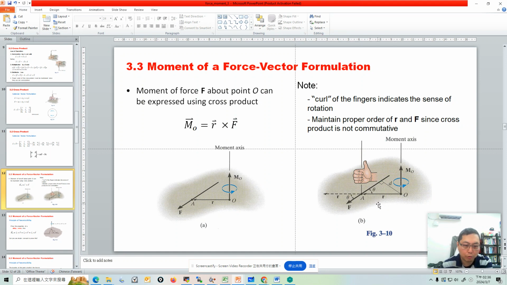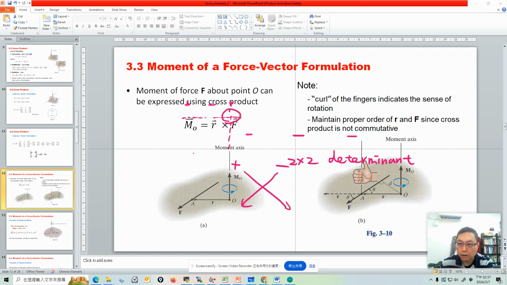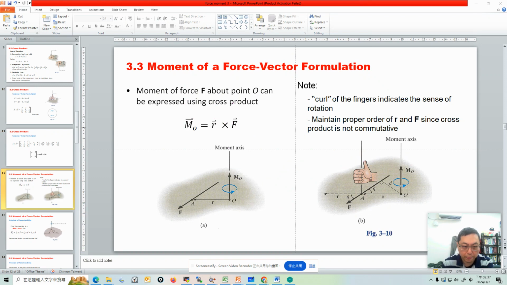You have a position vector, for example, on the right-hand side in this picture, r is here, and you cross it with F, so it is r cross F. Why doesn't it go this way?